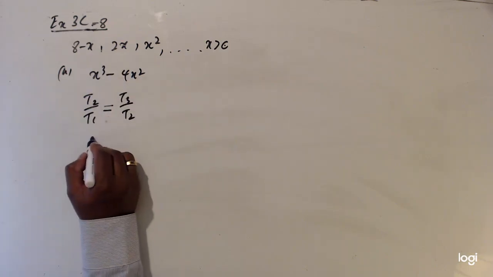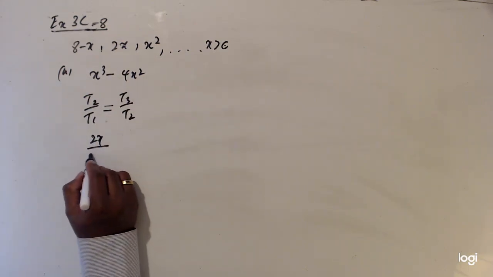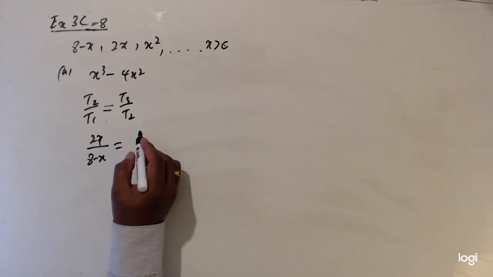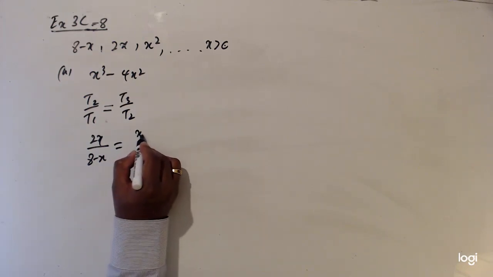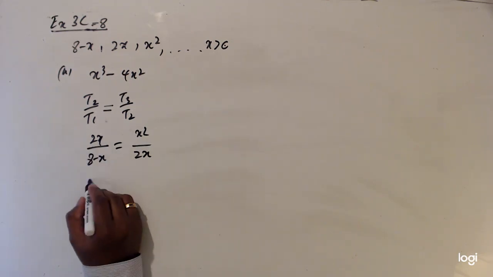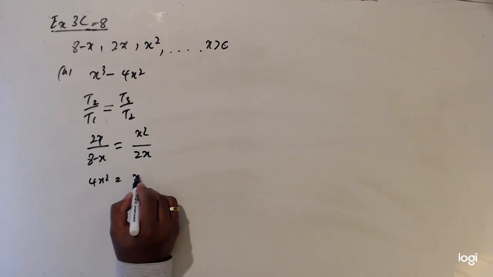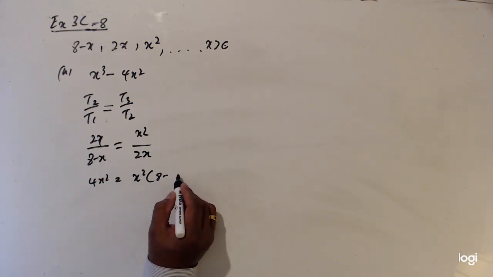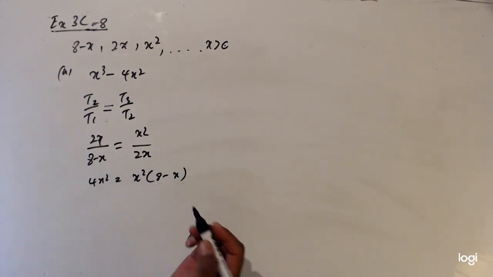So t2 is 2x divided by 8 minus x, equal to x square over 2x. So we'll cross multiply: 4x square equals x square times 8 minus x.